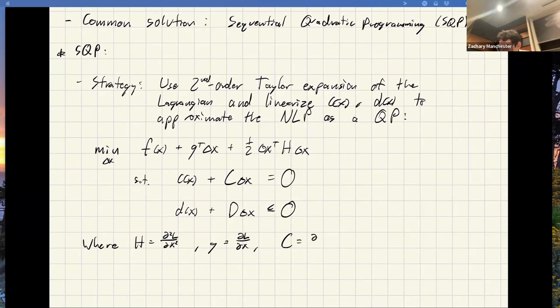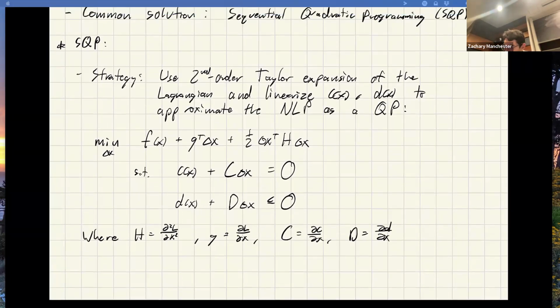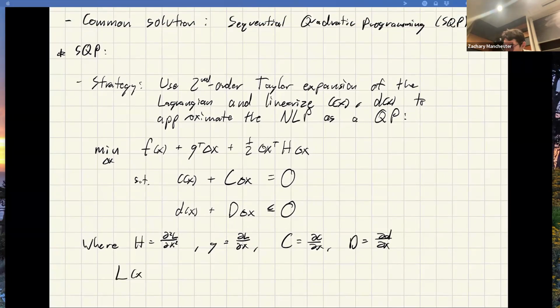Big C is dc dx. Big D is little d dx. The Lagrangian is a function of x, lambda, mu. We've got multipliers for both the equalities and the inequalities. So that's the objective, then we've got a Lagrange multiplier lambda on the equalities, and a Lagrange multiplier mu on the inequalities.